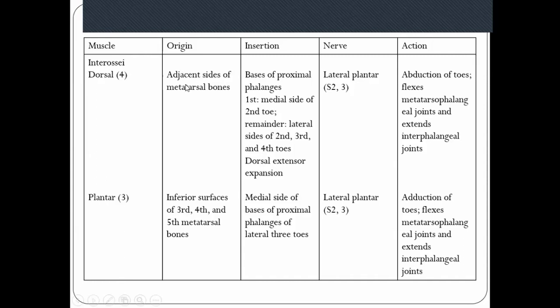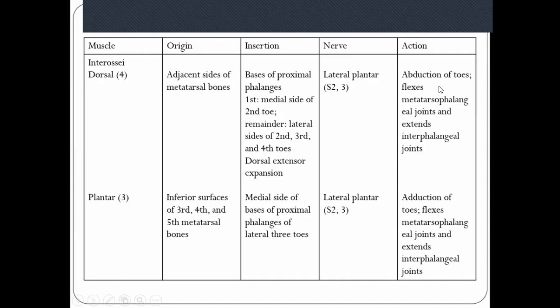They originate from the adjacent sides of the metatarsal bones and insert into the bases of the proximal phalanges. The dorsal four interossei are supplied by the lateral plantar nerve.